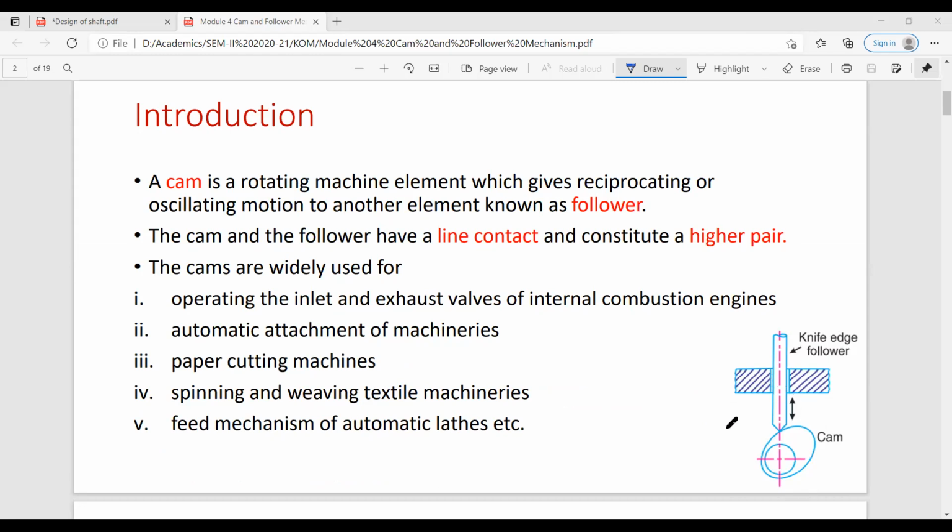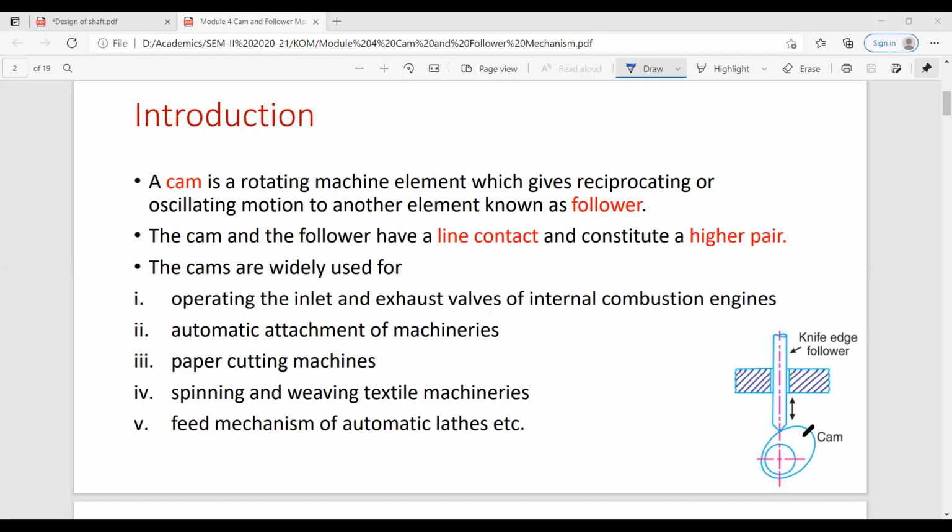Basically, a mechanism is used to transmit or convert motion from one element to another element. Here, this is a cam which has some shape, according to its function or according to the kind of motion it is going to impart to the follower.